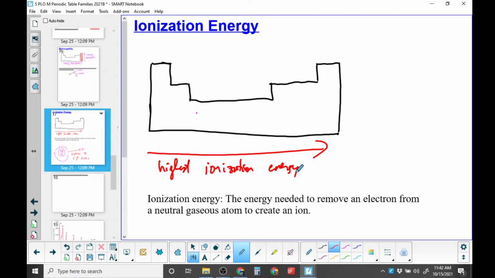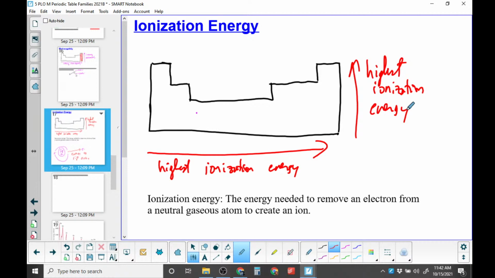What is the trend up and down a family? Will's group. Just the trend. Where's the highest ionization energy? Going up. And then Donald's group.